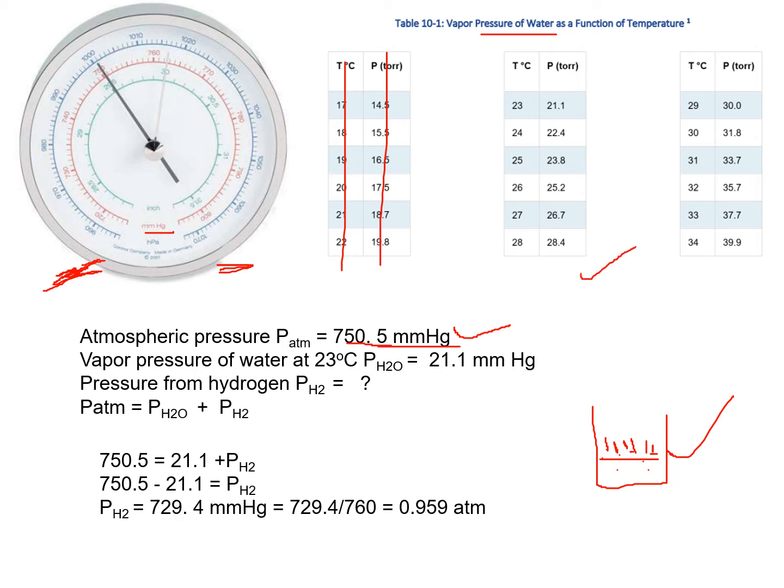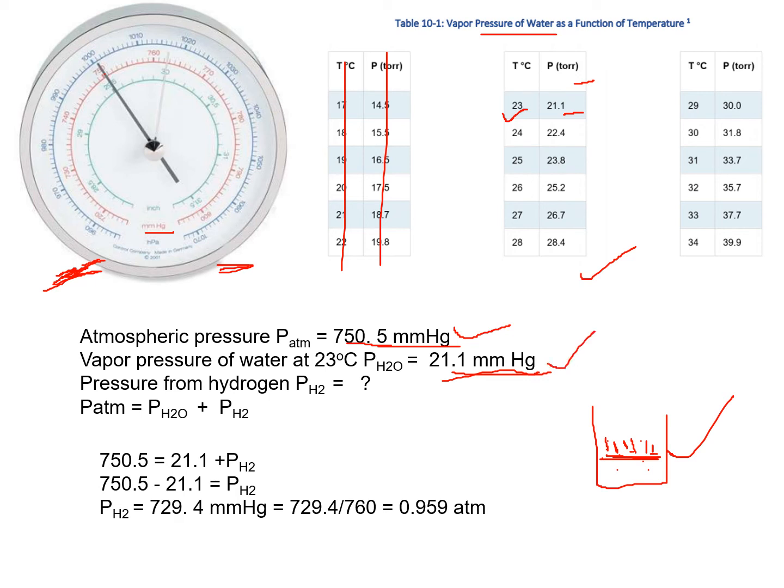You see that. Our temperature in the previous slide, I showed, is 23 degrees centigrade. So at 23 degrees centigrade, the pressure this water vapor gives to the surface is 21.1 torr. 21.1 torr is equal to 21.1 millimeter of mercury. So torr and millimeter of mercury are the same.